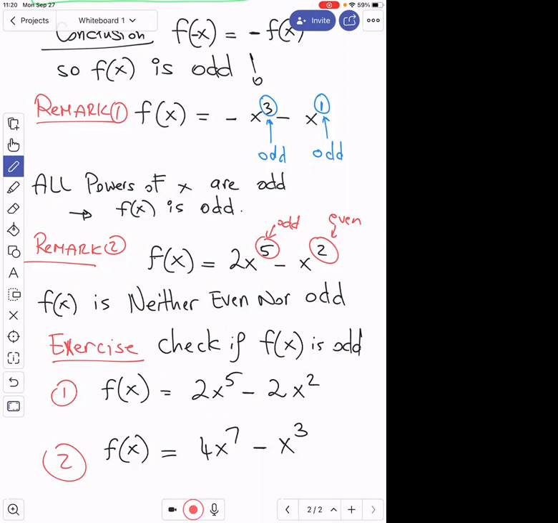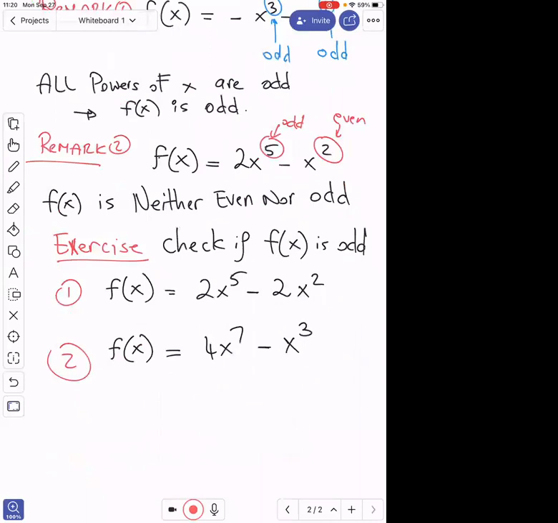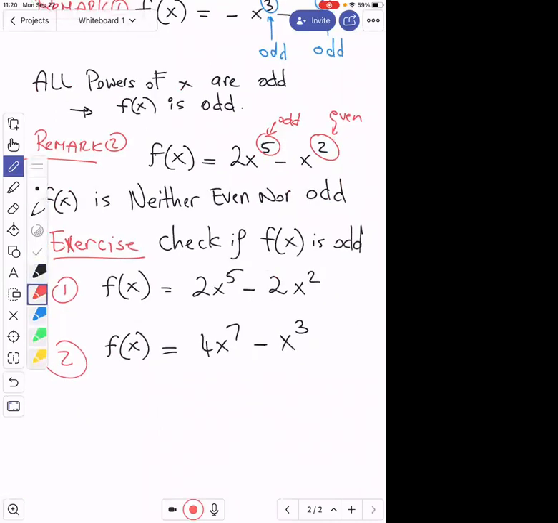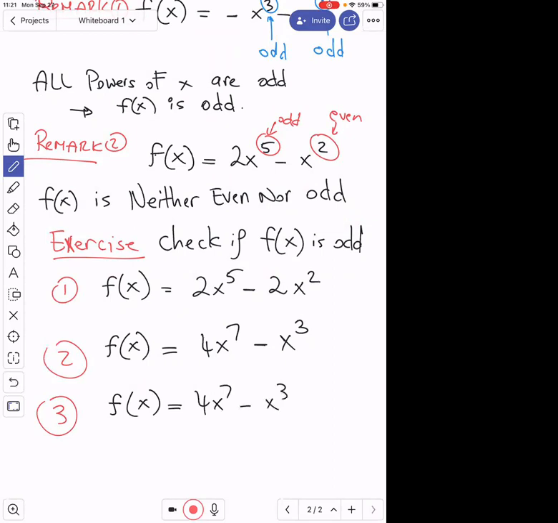Oh yeah, I'm going to add another one, number 3, so you can see what happens if I add a constant. Same as number 2, I'm going to add plus 1, or plus 2.